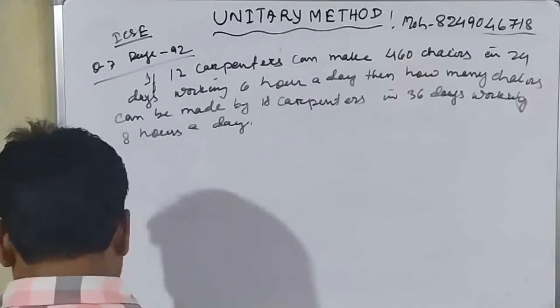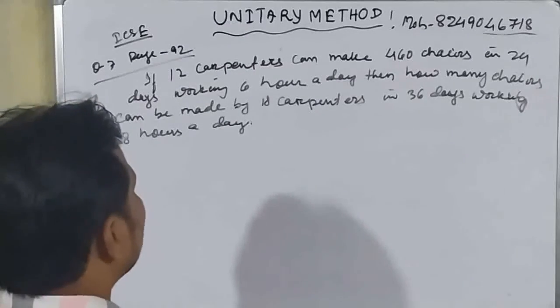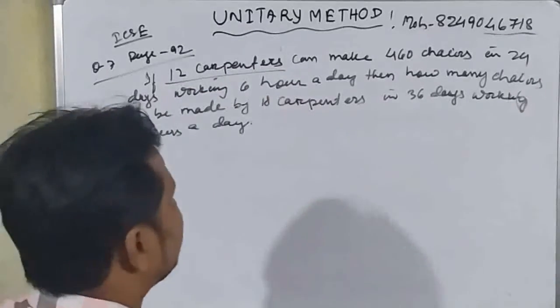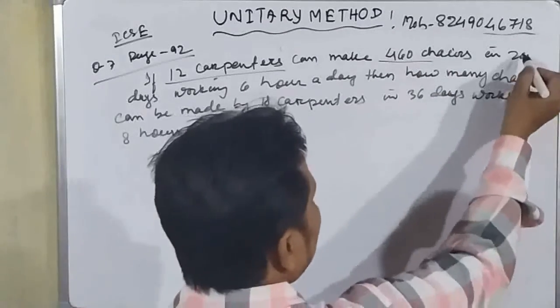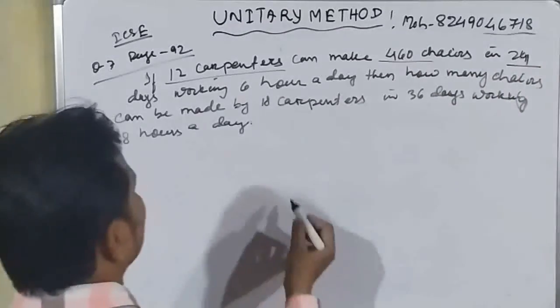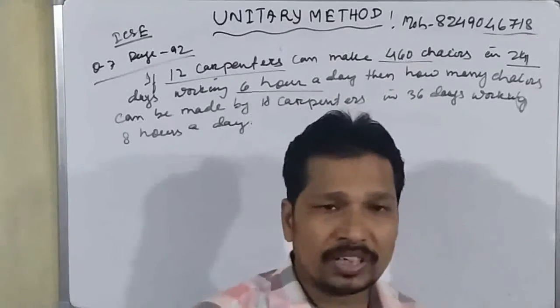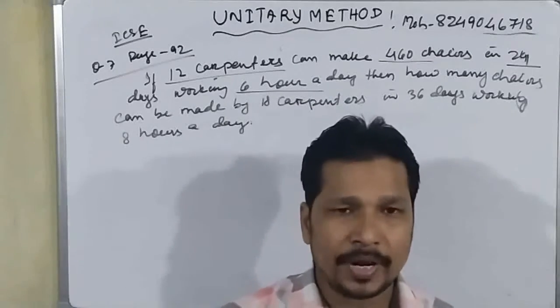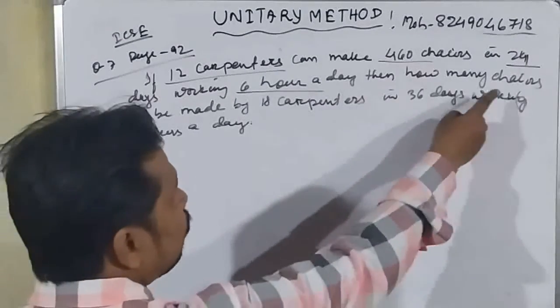Okay, student. Here, how many quantities are in this question? So, first of all, number of people or number of carpenters. Second quantity is 460 chairs. Third, 24 days. And fourth is 6 hours per day. So, here 4 quantities are given. And we have to find out what is asked in the second statement. Then how many chairs?